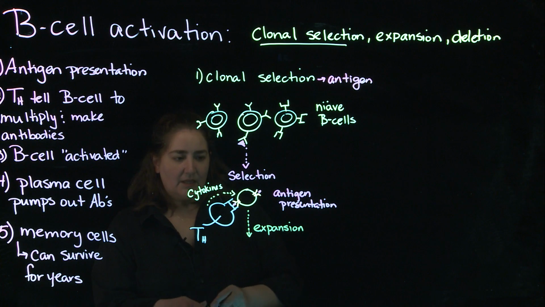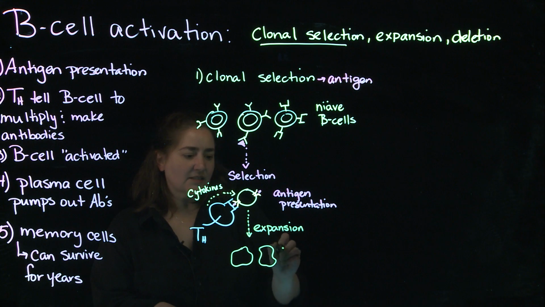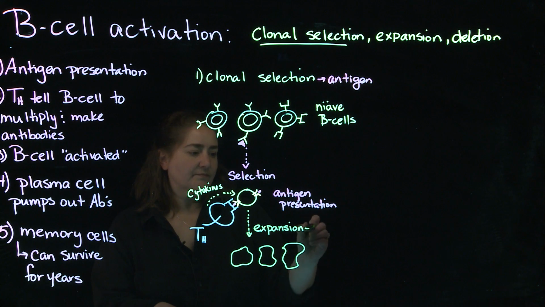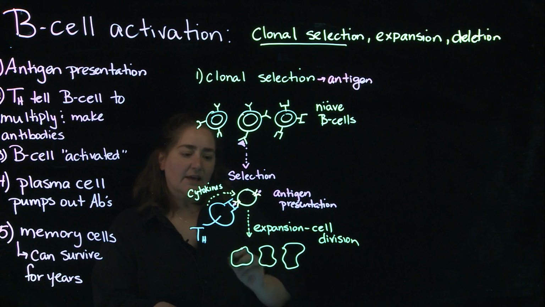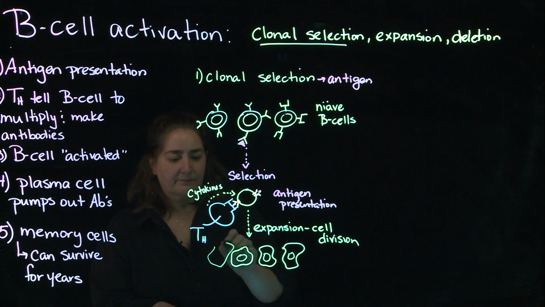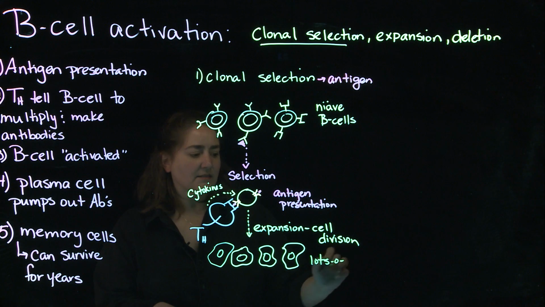All right? So in terms of clonal expansion then, this is where essentially we're telling this one cell that it needs to divide and it's going to make lots of plasma cells.